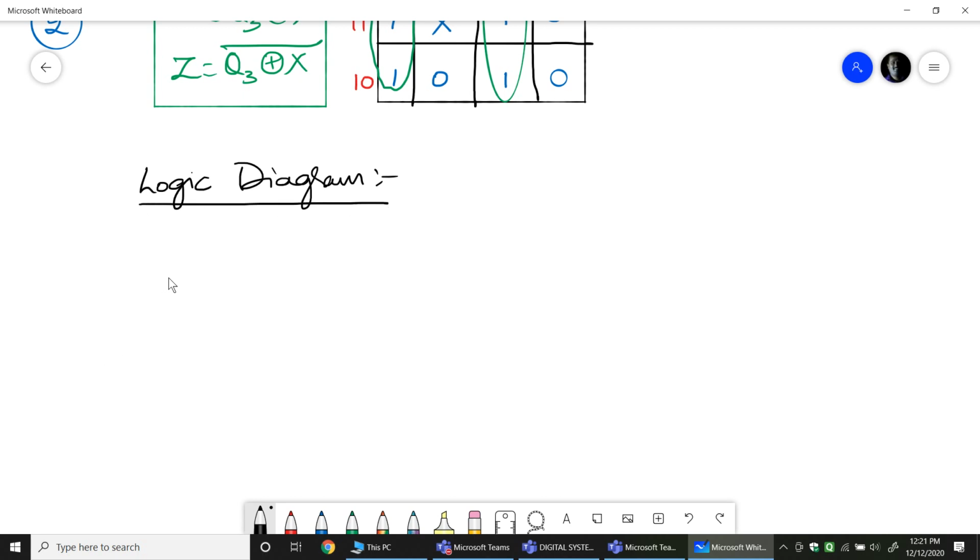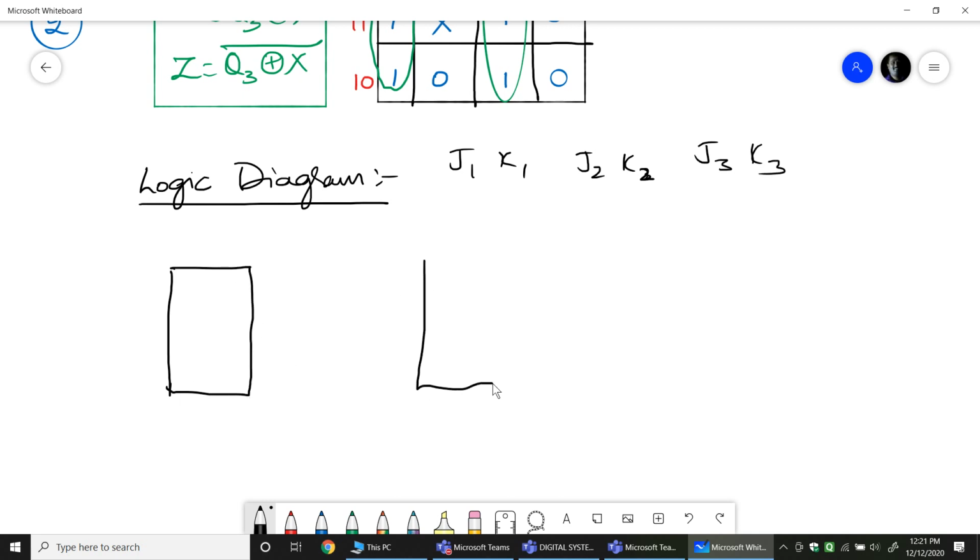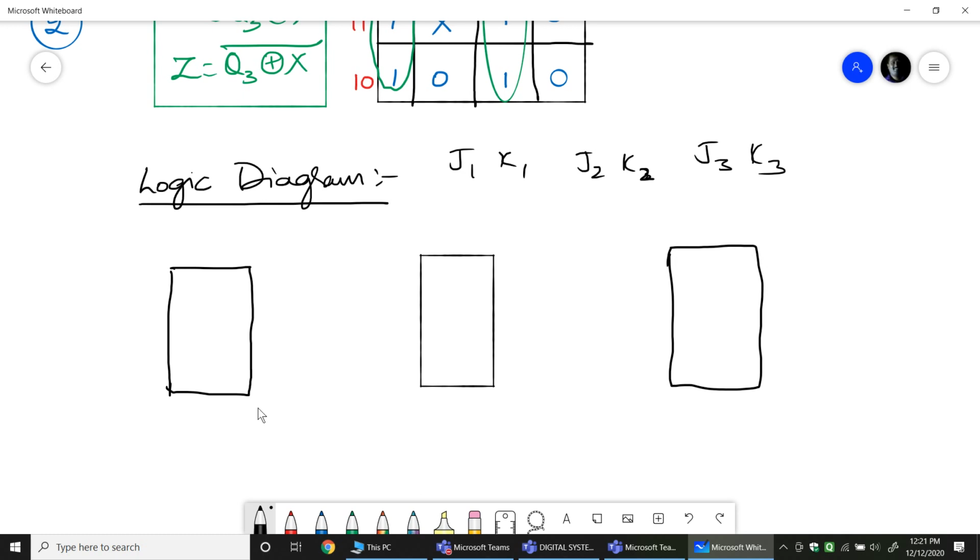So for the logic diagram, we have J1 K1, J2 K2, J3 K3. Therefore we need 3 JK flip-flops: 1, 2 and 3. So here input, output, input, output, input, output, clock pulse.